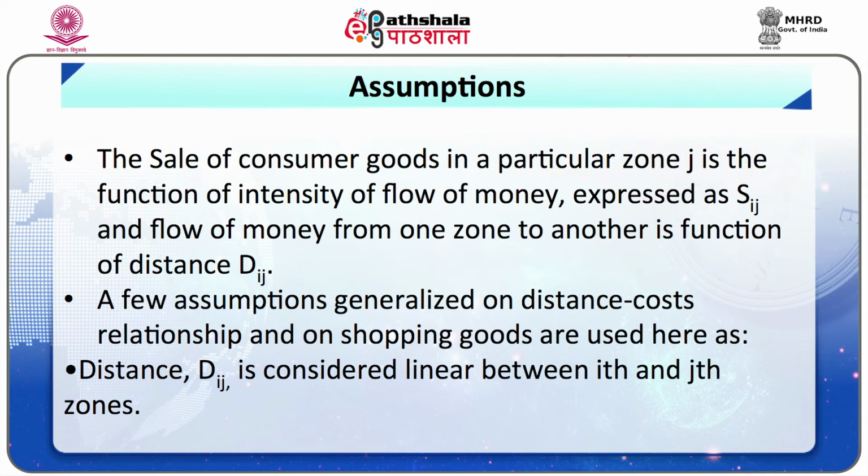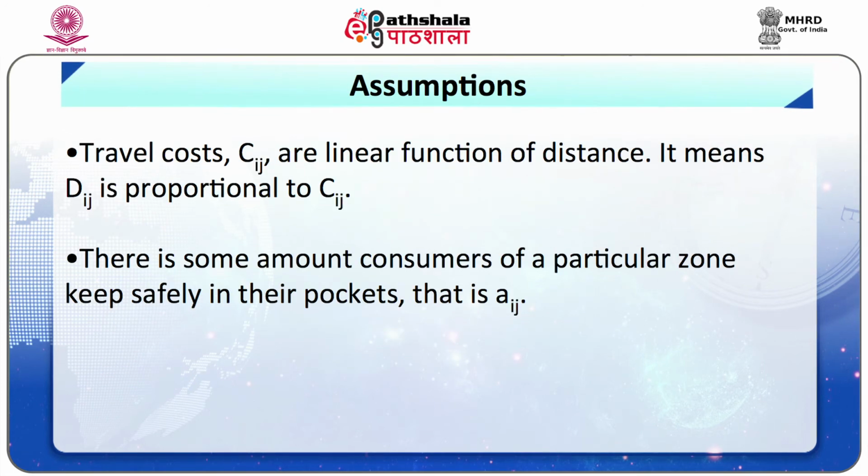Number 1, distance Dij is considered linear between ith and jth zone. Number 2, travel costs, that is Cij, are a linear function of distance. It means Dij is proportional to Cij.